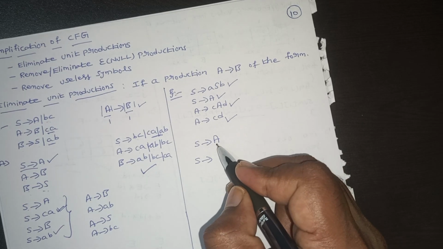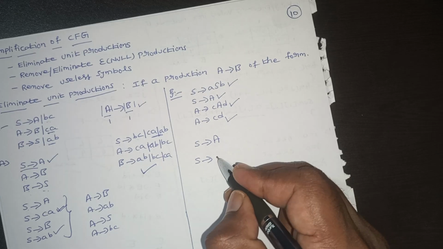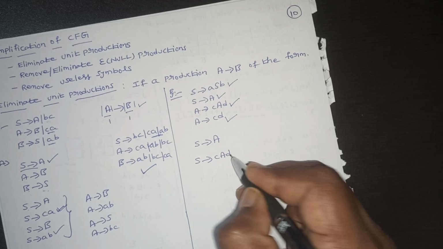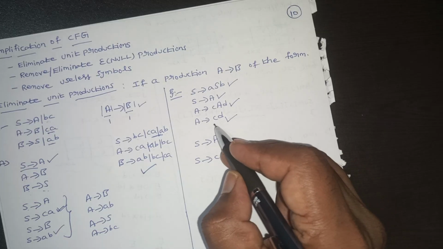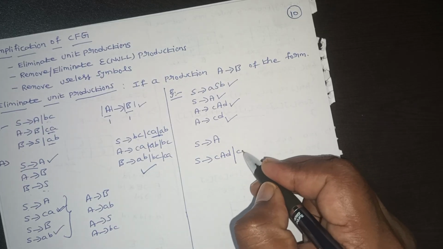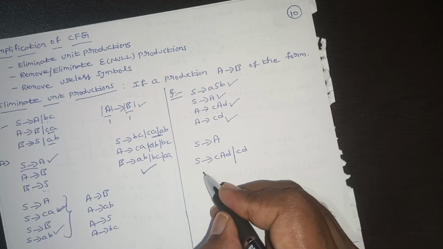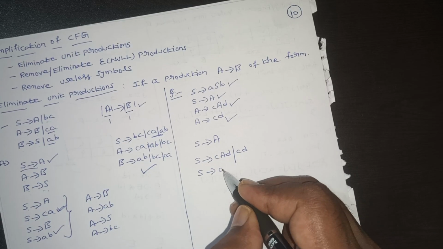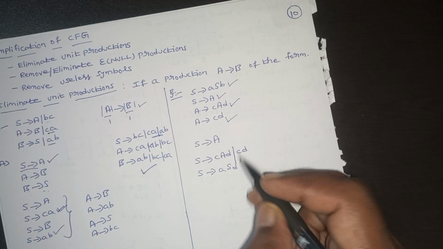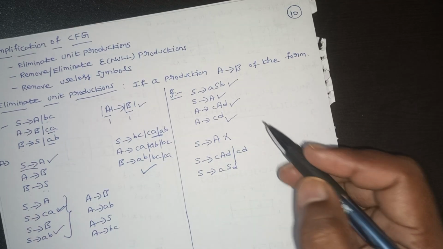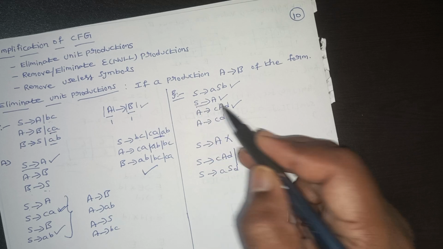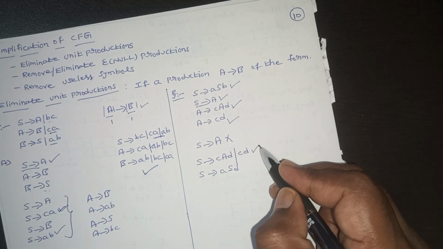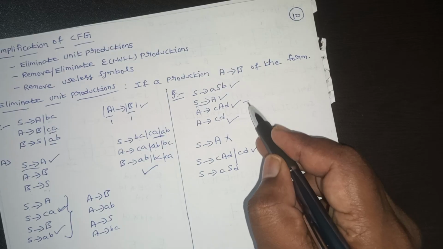A is equal to CAD, or one more possibility, CD. So S tends to A is removed. Instead of this, I am getting these two, so you have to add this to the answer also.